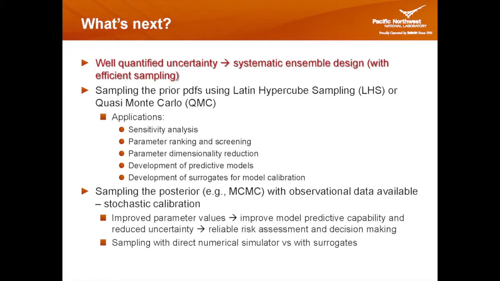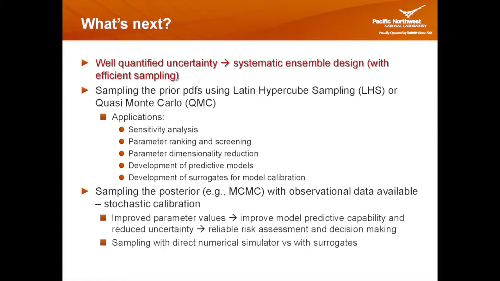We can do parameter ranking and screening, see which parameters are important, and reduce the parameter dimensionality based on the previous studies, or develop predictive models to link model outputs like CAM or CMIP5 outputs to your input parameters, or scenarios even. You can develop a function linking them.